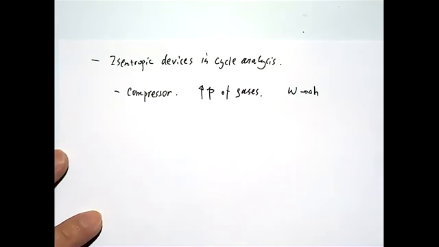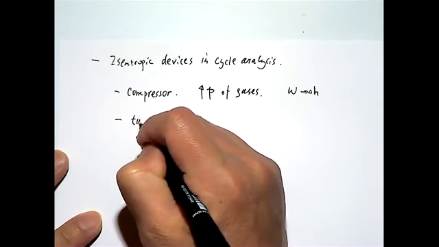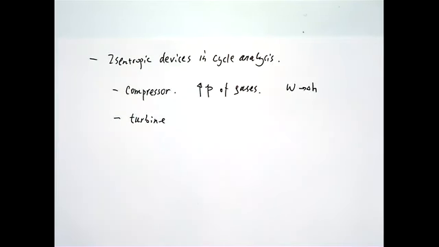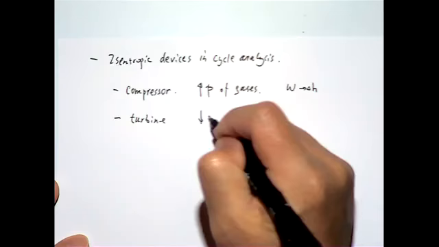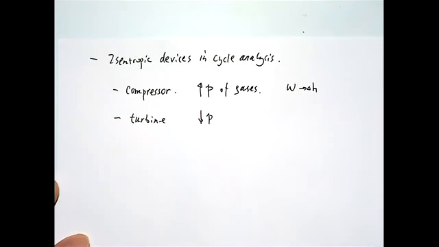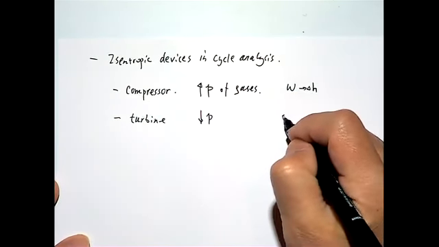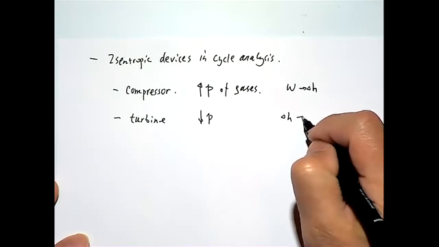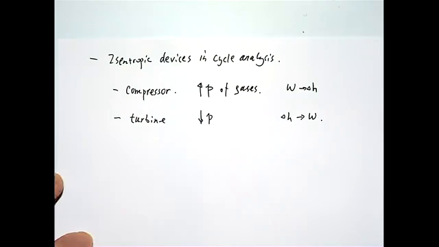All right, the other one is called a turbine, where we consider that if the process is ideal, the process going through it is also isentropic. You can consider the turbine the opposite of the compressor. A turbine is a process where the pressure drops for the gas, and in that process, the enthalpy of the gas is converted to useful work.